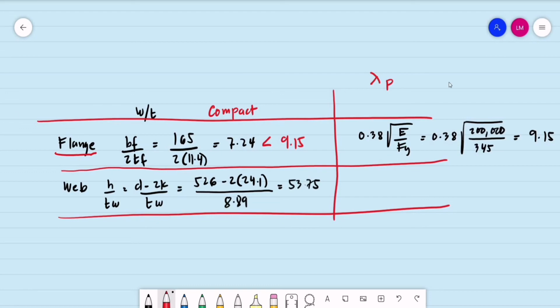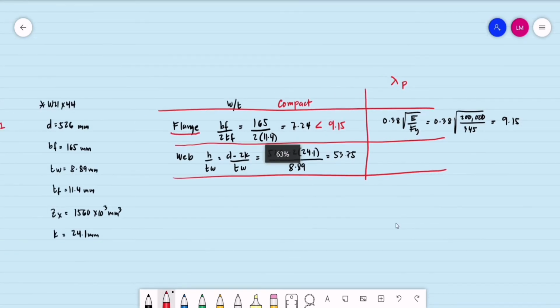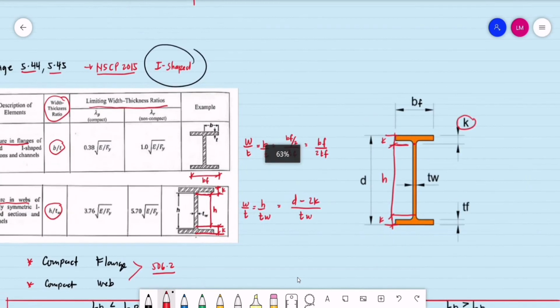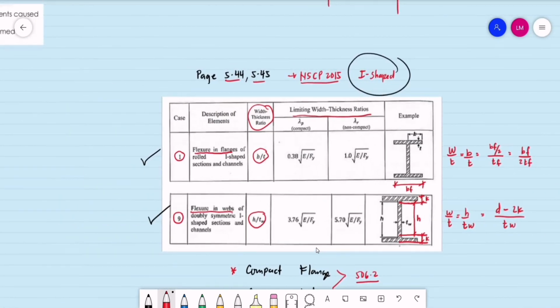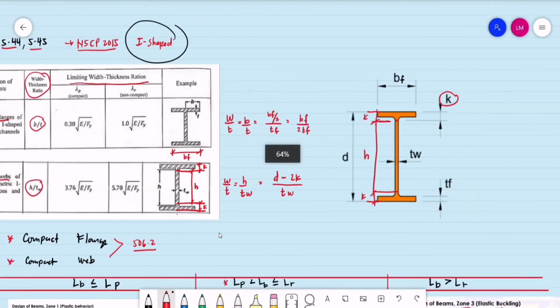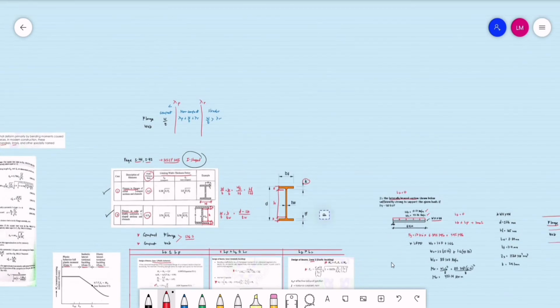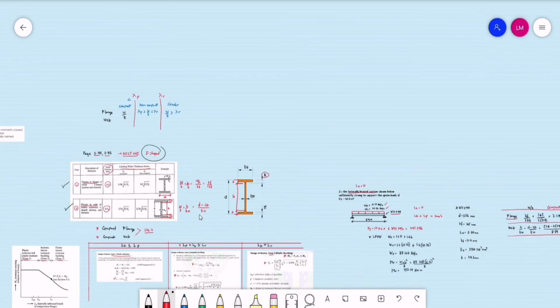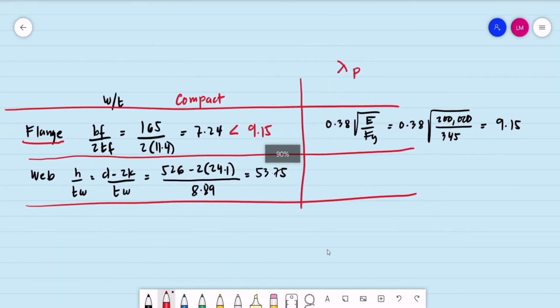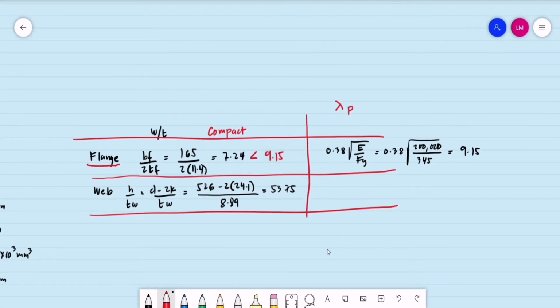Well, what is the value of lambda sub p for the web? The value of lambda sub p for the web is 3.76 times the square root of E divided by Fy.